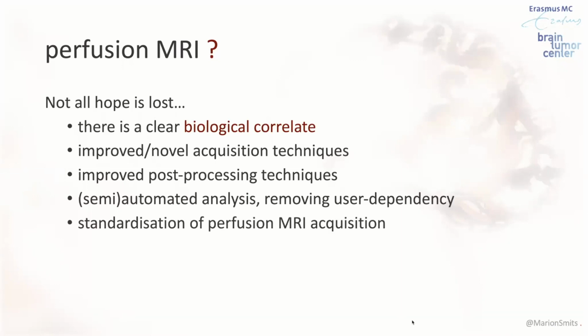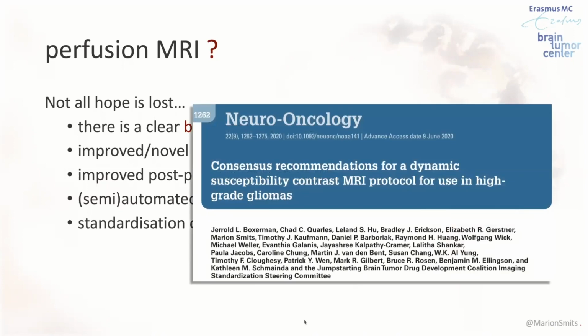We as a community of radiologists, of imaging experts in general, need to standardize how we acquire and post-process our perfusion imaging data for this particular indication, as well as, of course, for other indications. Well, big steps have been made.